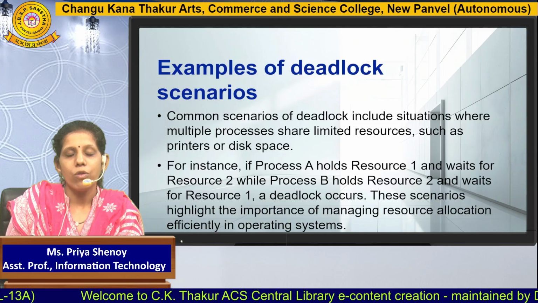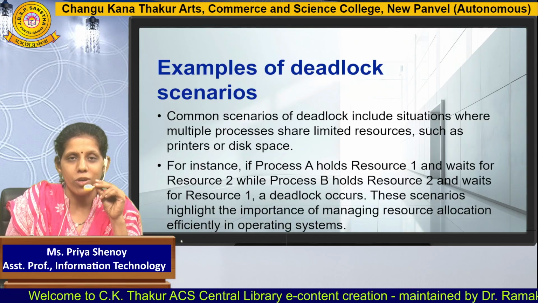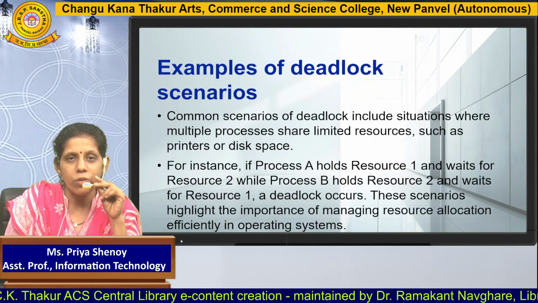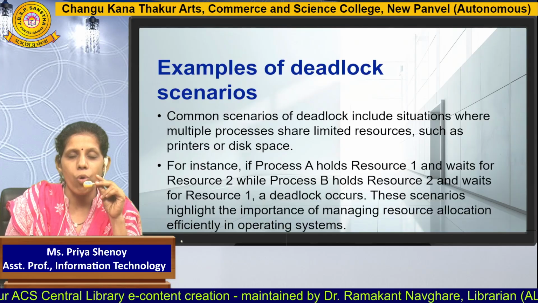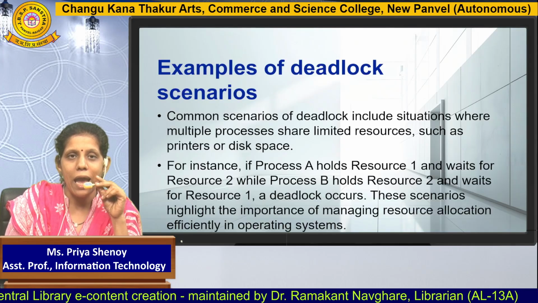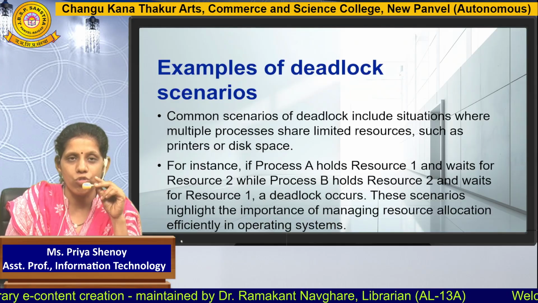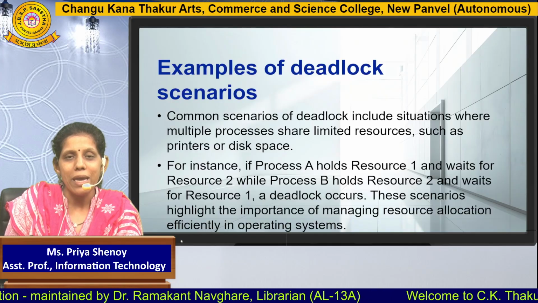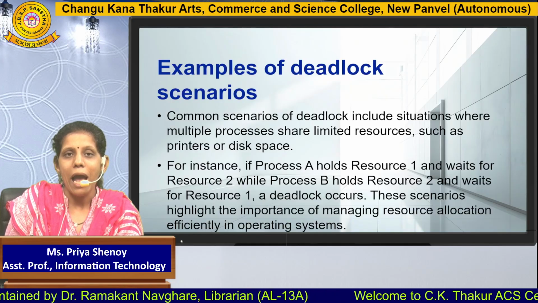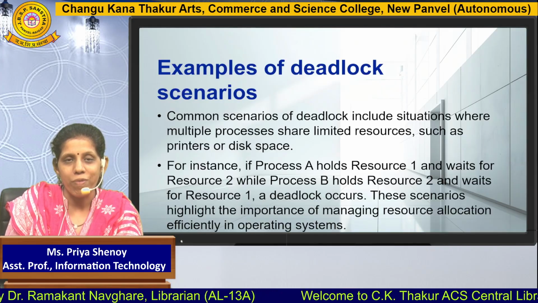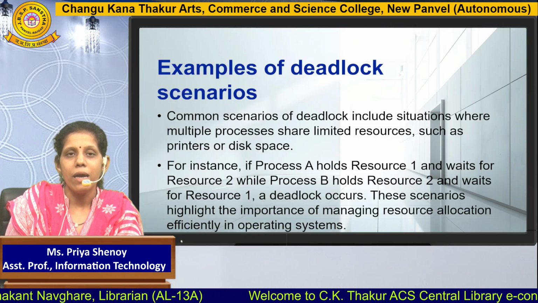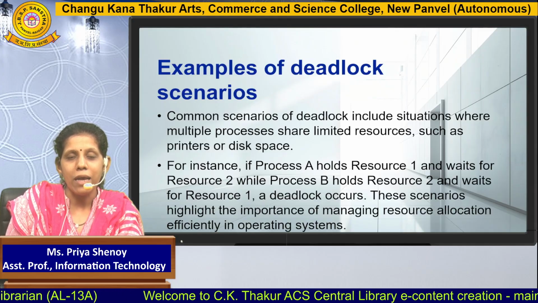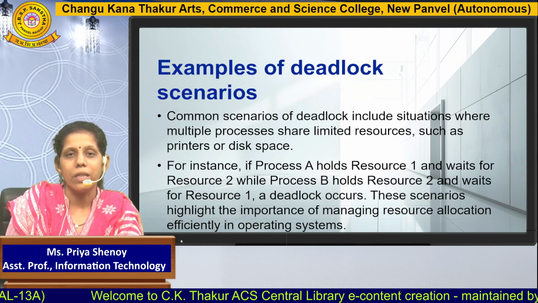Then there are two processes, suppose process A and process B. Now, suppose process A is holding resource 1 and it is waiting for resource 2 to continue its further execution. Now, process B is holding resource 2 and it is waiting for resource 1 which is held by process A. So, in this case, deadlock will occur and neither of the two processes can continue with their execution.